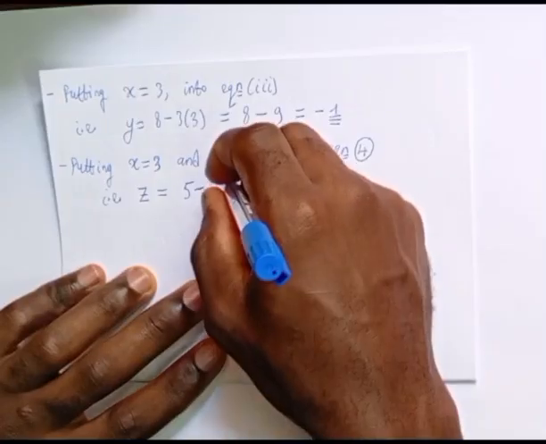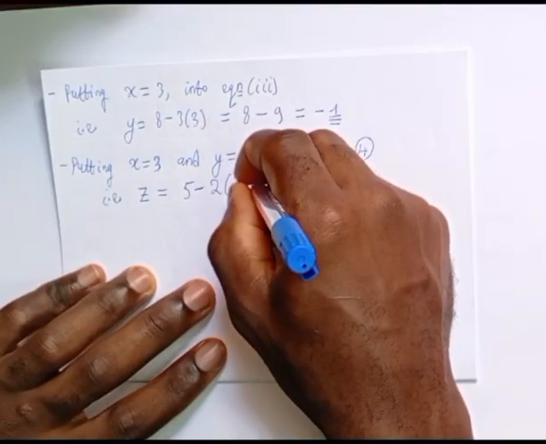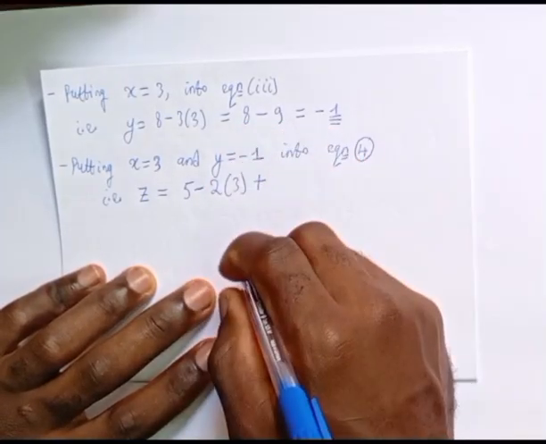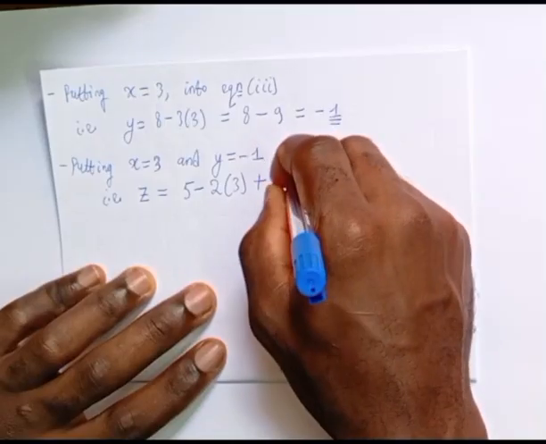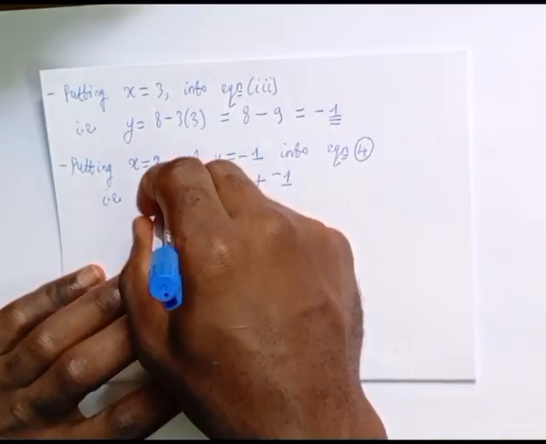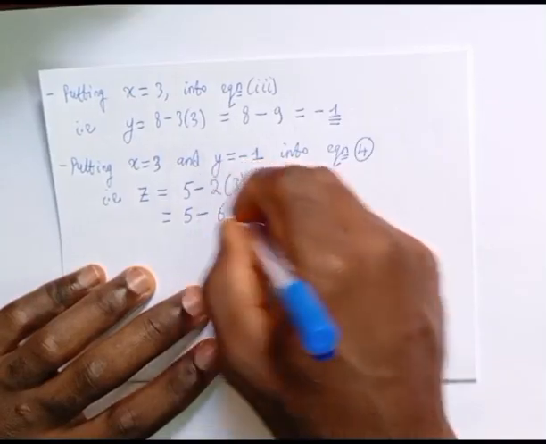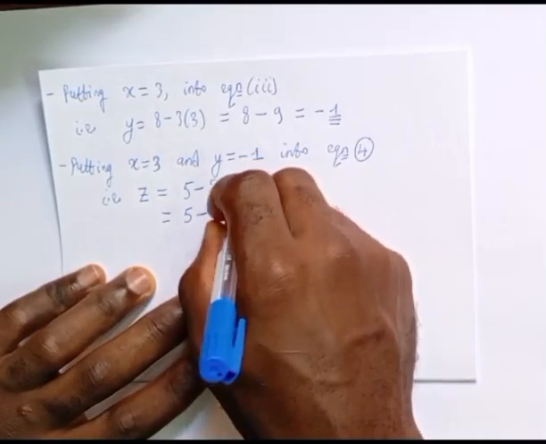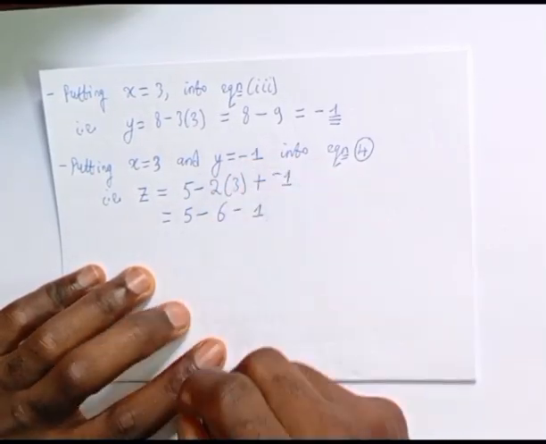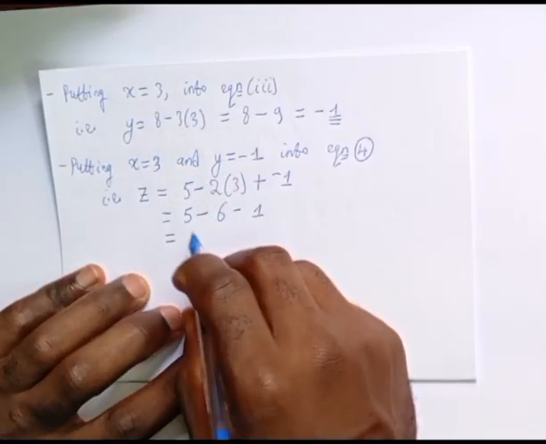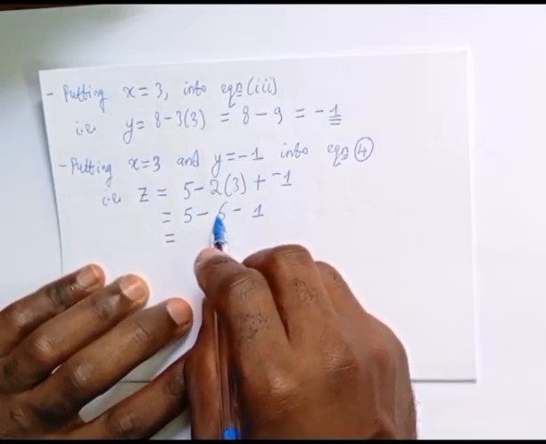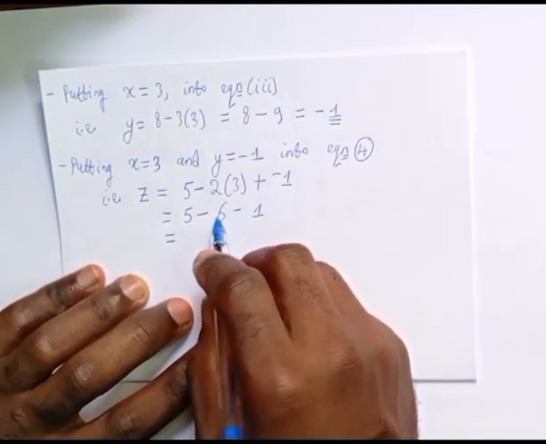2 times the value of x, which is 3, plus y, which is negative 1. This is simply equal to 5 minus 2 times 3 gives us 6. Positive, negative stays here. This will simply be equal to 5 minus 6 gives us negative 1.